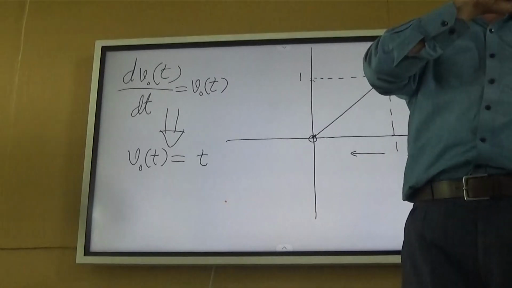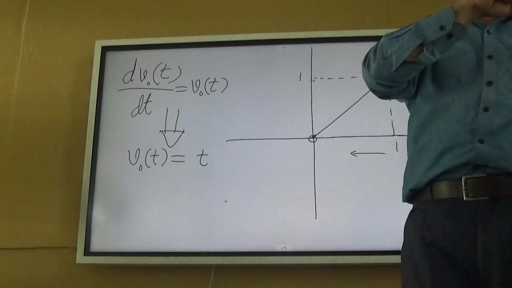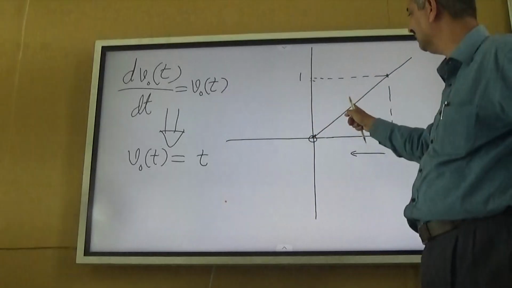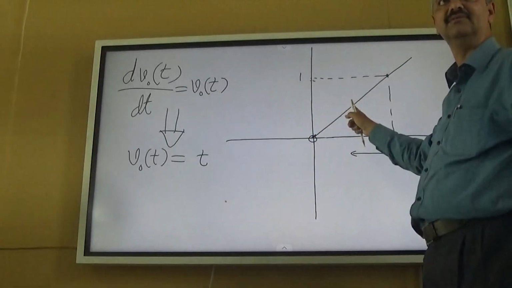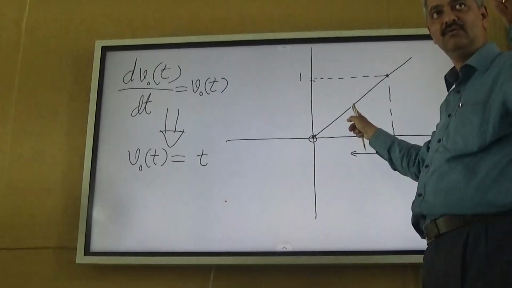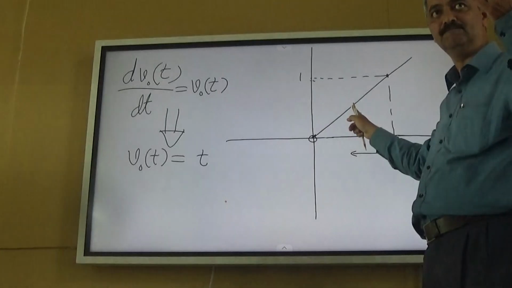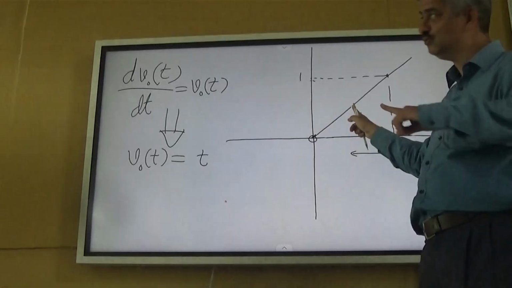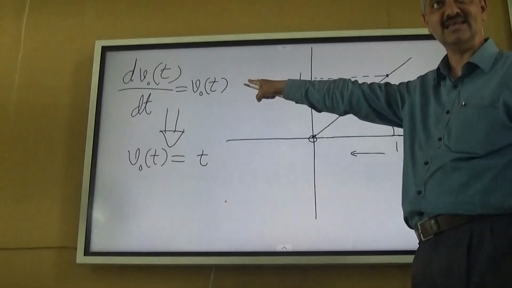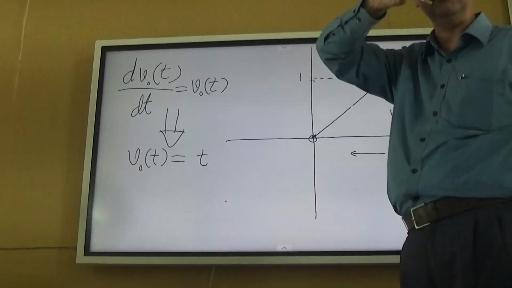What is VOT? 1. I am correct. If I am below, I am here. What is the slope? 1. What is VOT? Less than 1. So what should the slope be? Less than 1. Are you getting me?